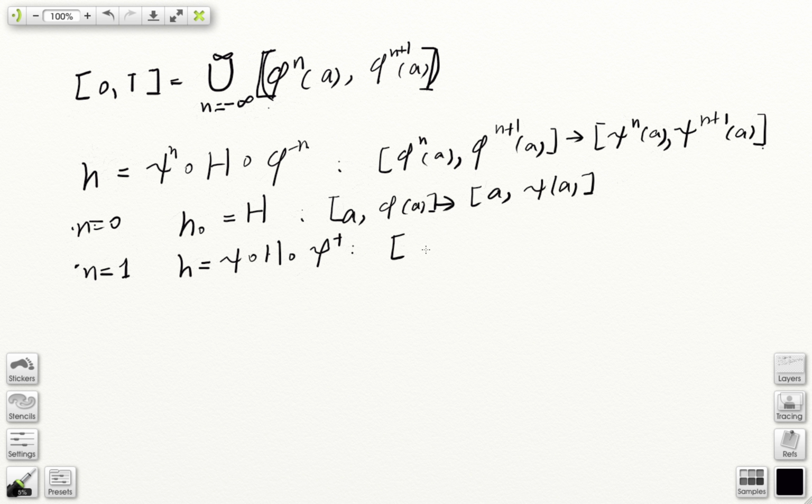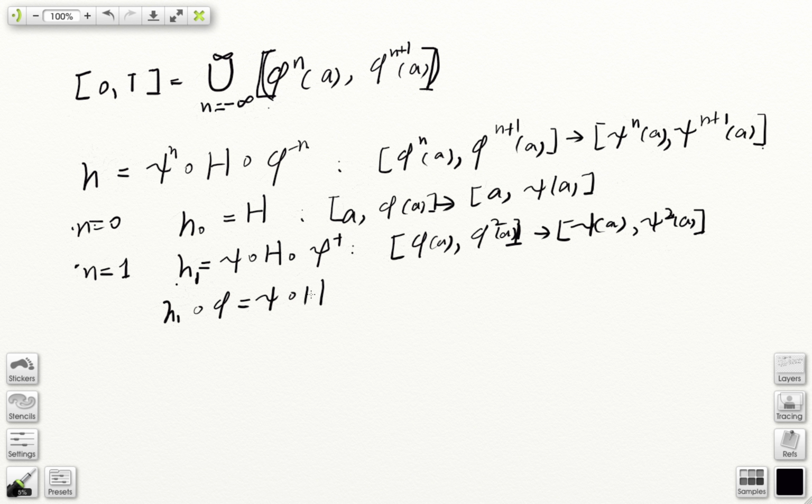This is from, again, sorry for the slow handwriting, this interval to this one. Let's denote this by h1, since it is a map from this interval to this interval. In this case, we have h1 compose phi equals psi compose h.